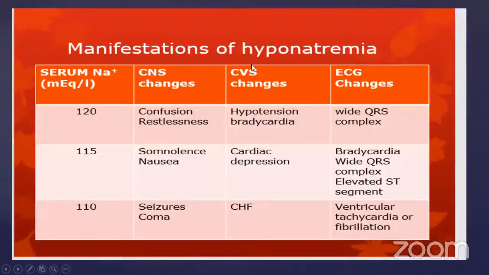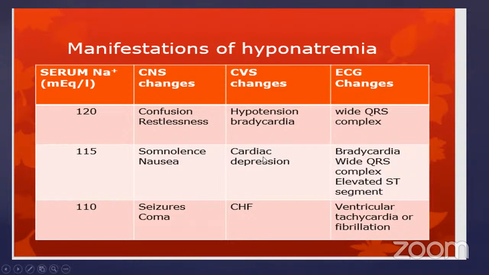The manifestations of hyponatremia: if the serum sodium level is 120 milliequivalents per liter, the CNS changes are generally confusion and restlessness, and cardiovascular changes are hypotension and bradycardia. ECG shows wide QRS complexes and bradycardia. If the serum sodium level is 115 milliequivalents per liter, the patient becomes nauseated and somnolence occurs.